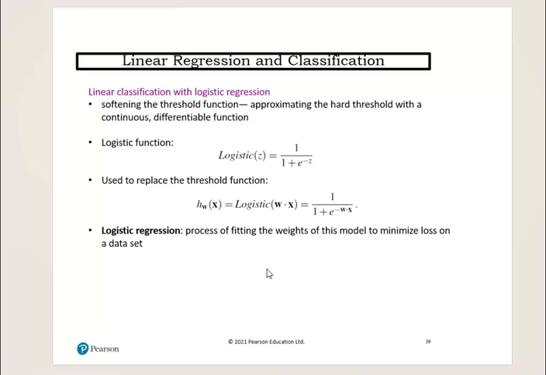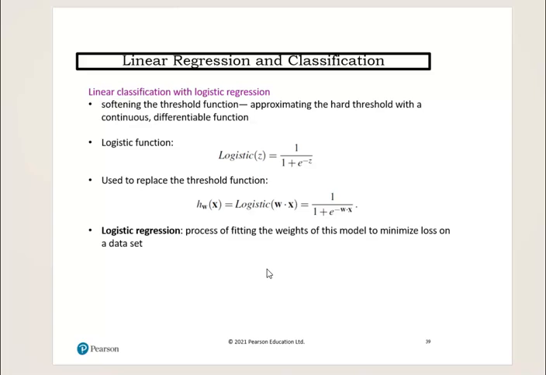We can use what's called the logistic function, which is defined as 1 over 1 plus e to the negative z for a given value z. This function has many convenient mathematical properties.